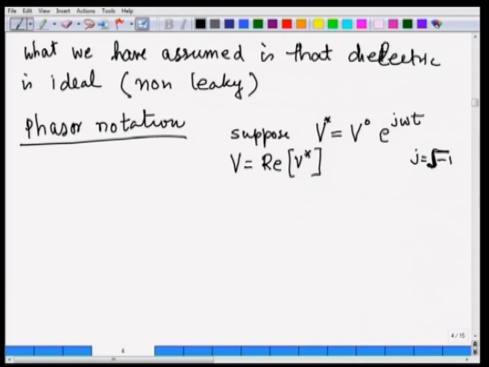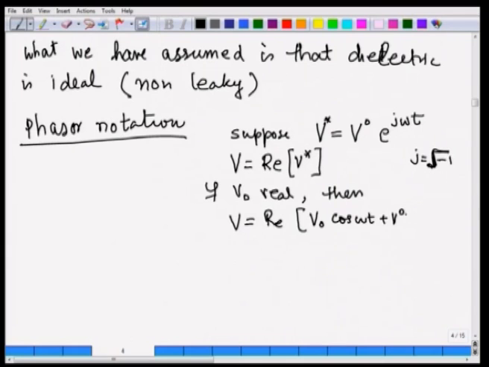For example, if V0 is real, then you can write V as the real part of V0 cos omega t plus V0 j sin omega t, and I am going to repeat this one more time in the context of Maxwell equations.